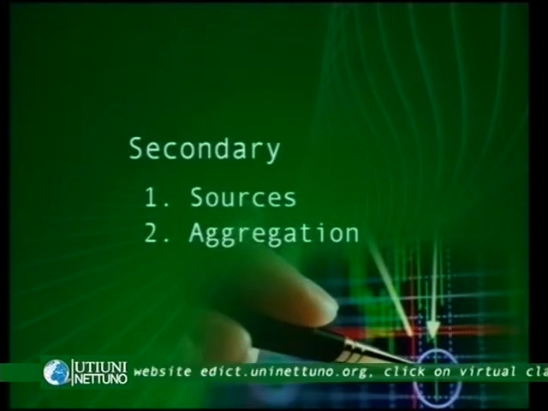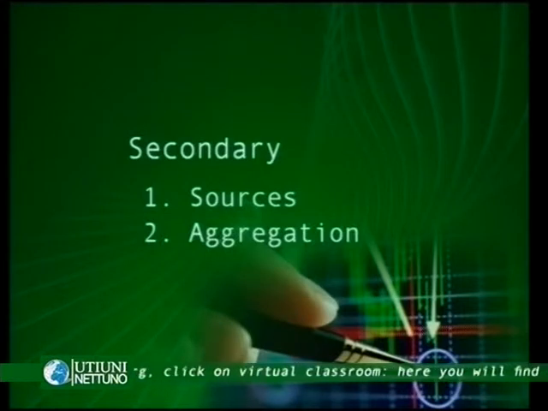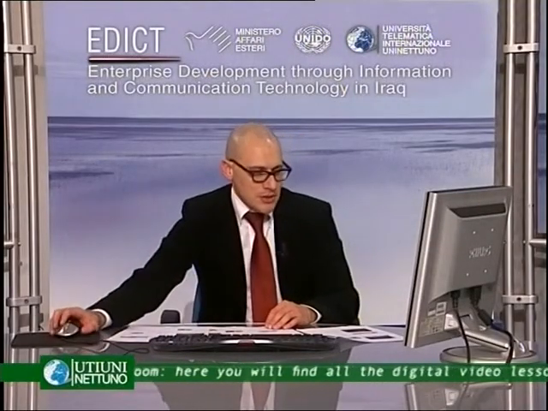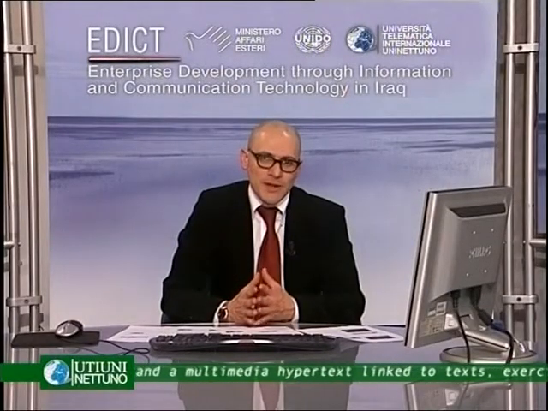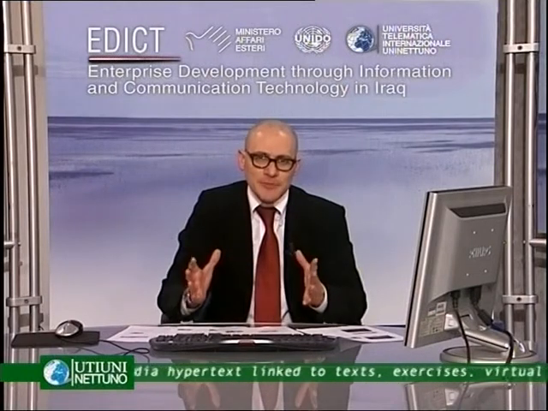Secondary data could be classified according to the sources and the aggregation criteria that we put into place. When it comes to sources, secondary data might be obtained from published and unpublished materials. By the wording, if something is published, it is made public for the general audience. If we have access to reserved or classified materials, of course we're referring to unpublished documents.